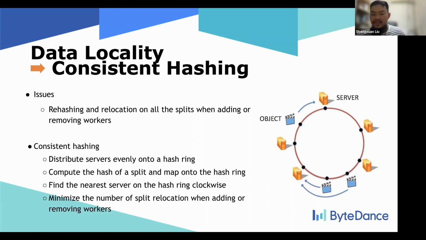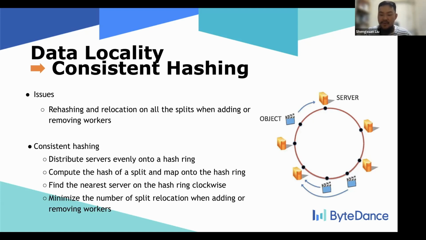As I mentioned, each worker is assigned a range of the hash code. So we find the nearest server on the hash ring clockwise to find the most preferred worker for the incoming split. And if we remove or add some workers, it only affects the worker nearby clockwise.